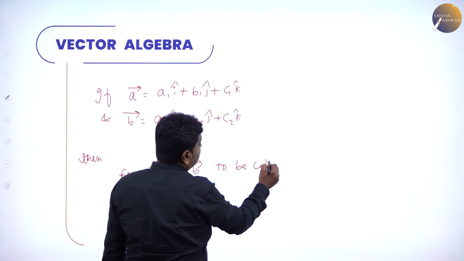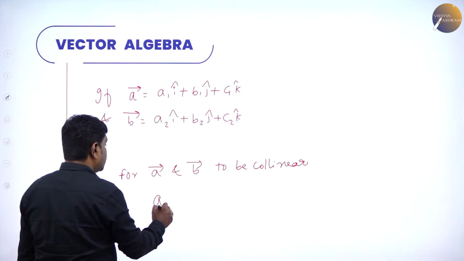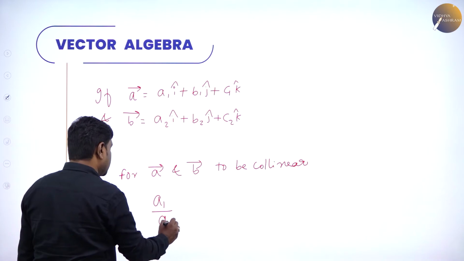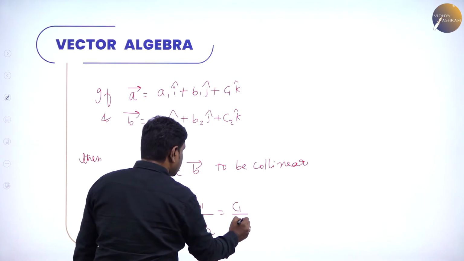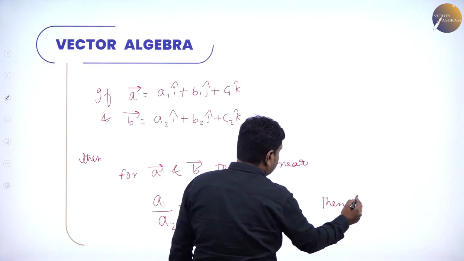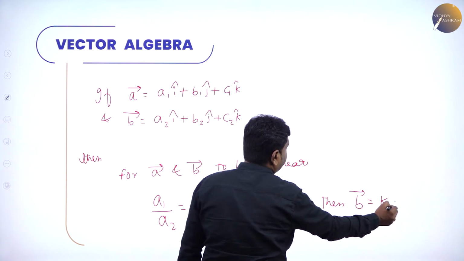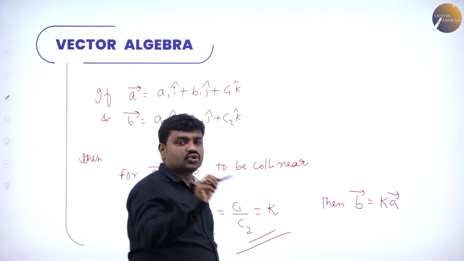Direction ratios should be proportional. A1 by A2 should be equal to B1 by B2, which should be equal to C1 by C2. If it gives you say k, then you can also write vector B is equal to k times vector A. So this is the condition. Direction ratios should be proportional.